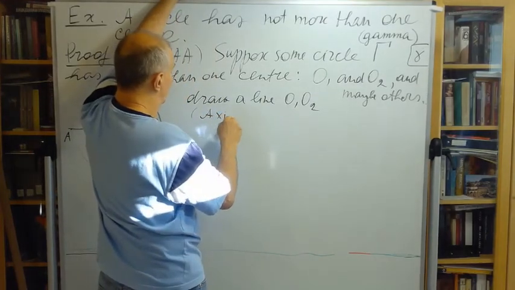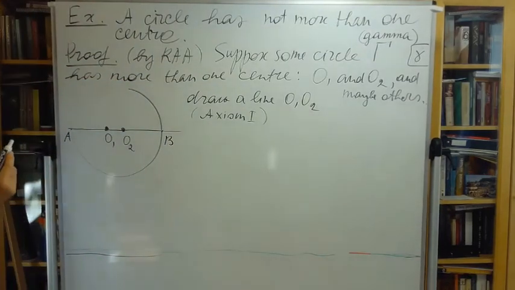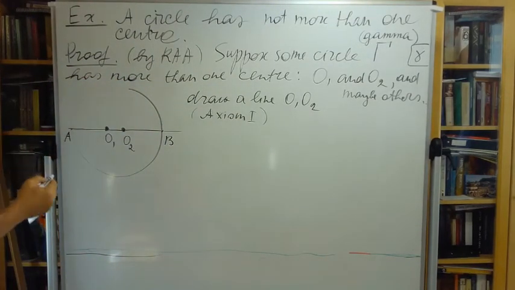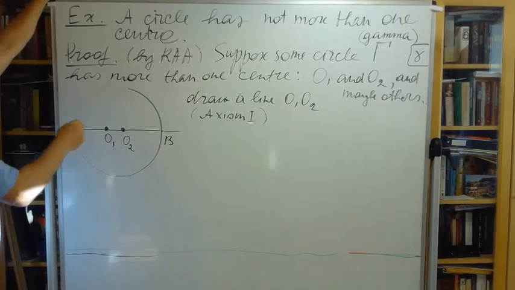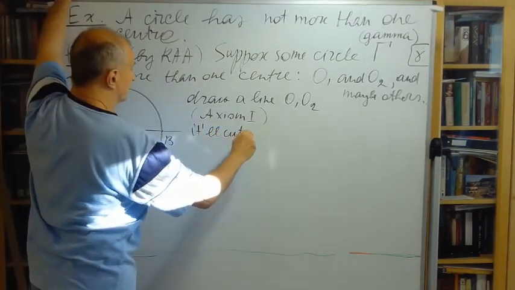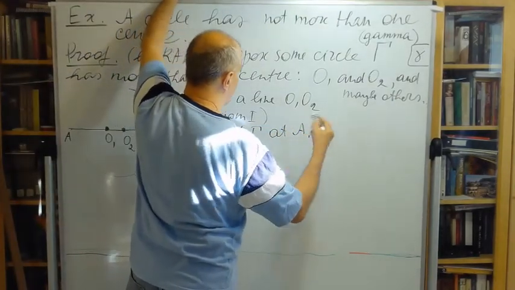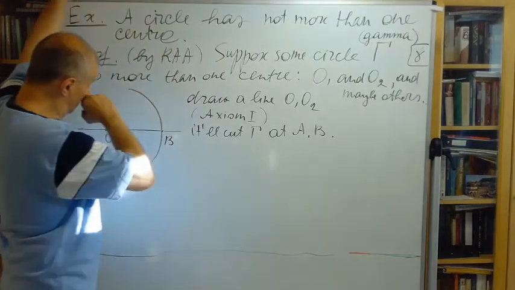We can do it by axiom 1. We always substantiate. Always ask yourself, can we really do it? Yes, we can. By axiom 1, you can draw lines through the points. It will cut gamma at A, B. Right?